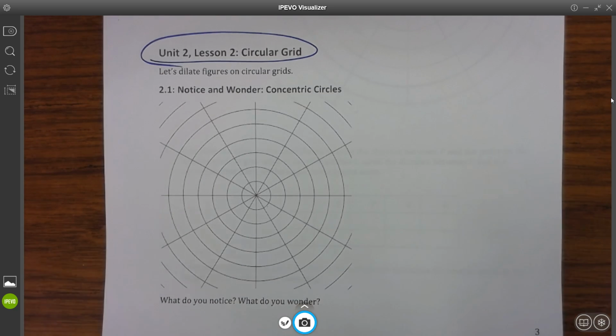Okay, so we didn't talk about the word dilate, so we are going to now.